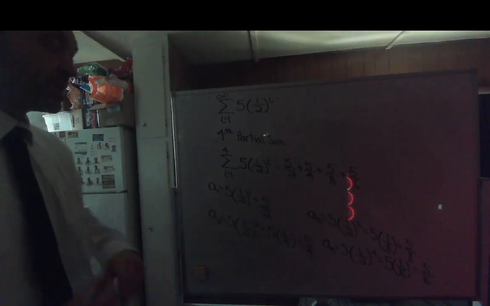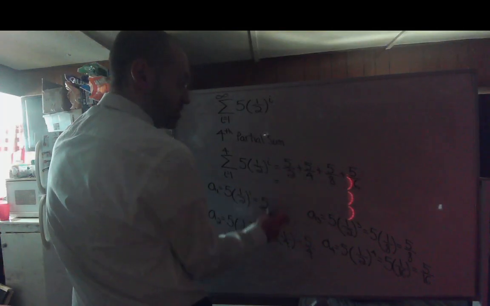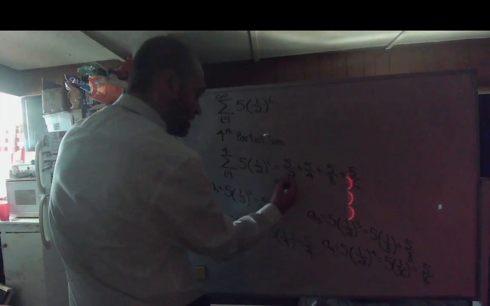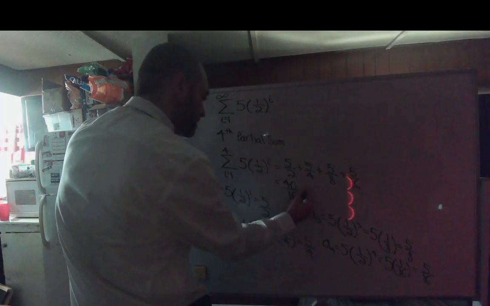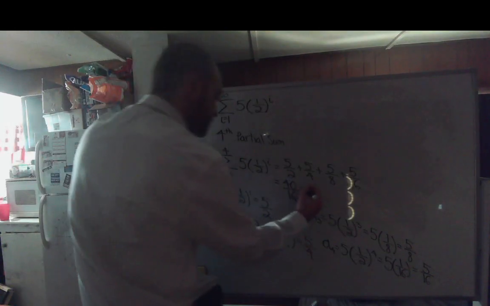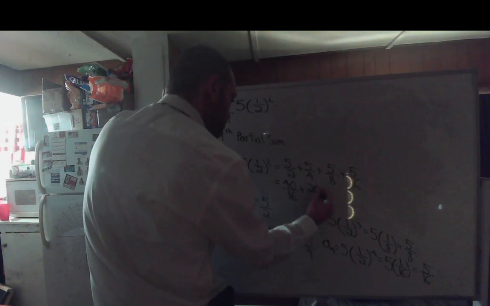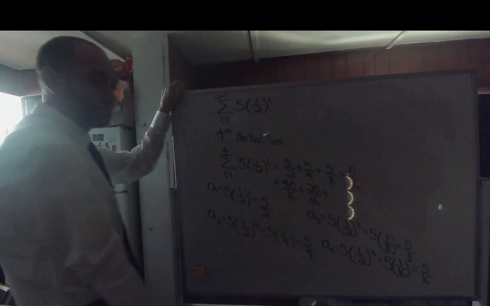So for your first term, we have to multiply everything by 8. That would end up giving you 40/16. Plus your second term, that 5/4, you have to multiply everything by 4. That would be 20/16. Plus your third term, that 5/8, multiply everything by 2, you'll get 10/16.